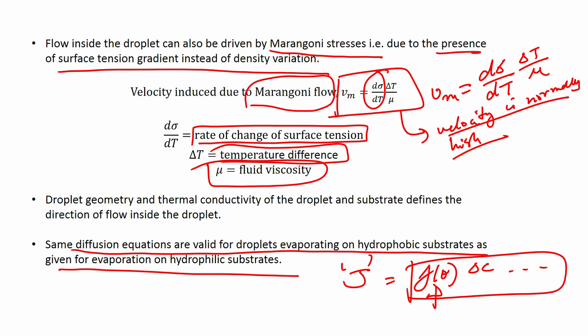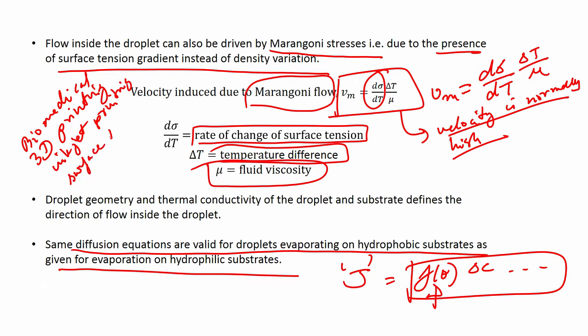And this has very wide implications in the case of particle transport, whenever you are trying to custom engineer certain things in different applications, from biomedical applications, biomedical 3D printing, then of course inkjet printing, then of course surface patterning, a big industry.